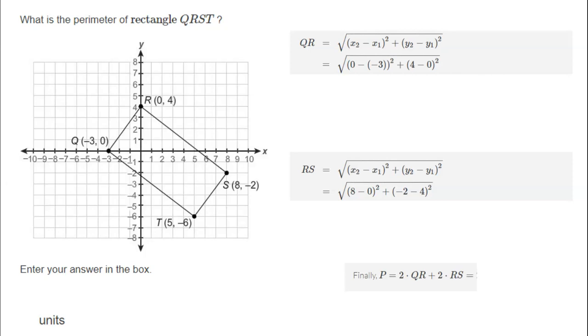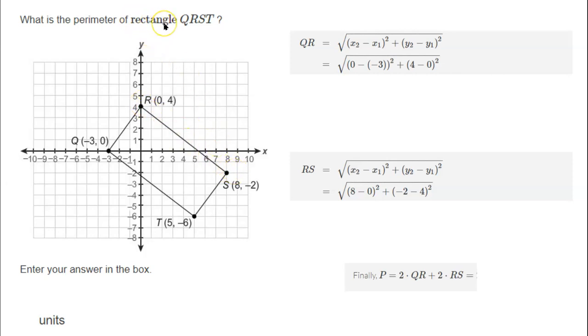So in your first question, what is the perimeter of rectangle QRST? You're going to need to determine the length of QR and the length of RS.